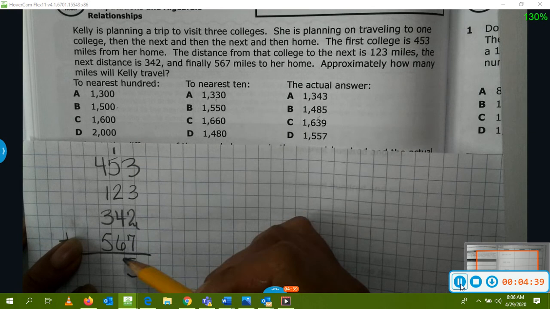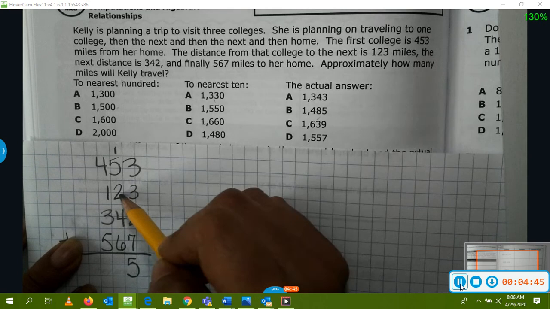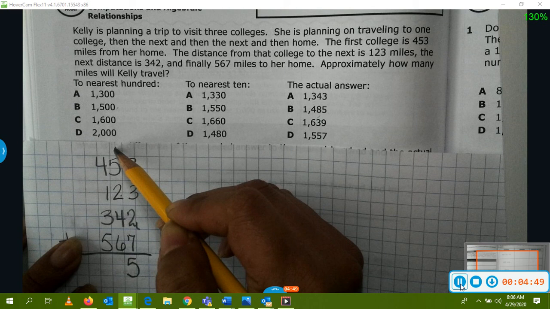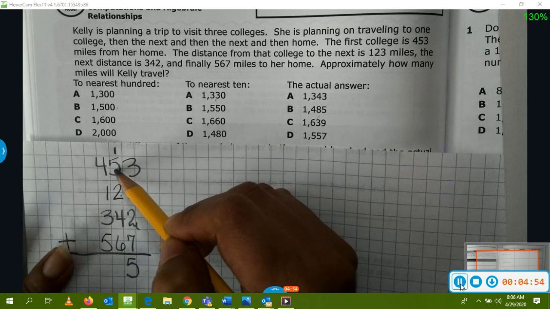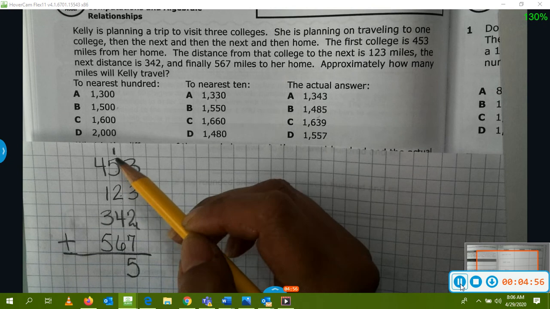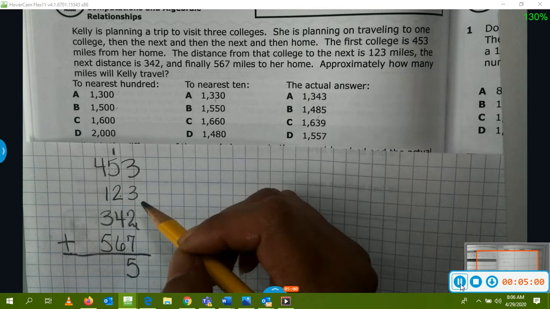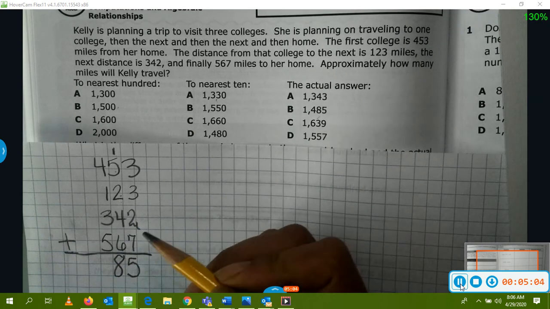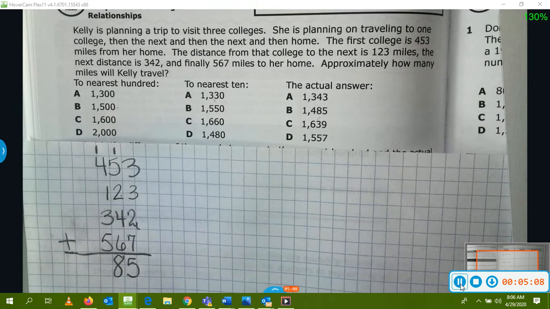Okay, here we go. 6 and 4 is 10. 10 plus 2 is 12. 12 plus 1 is 13. 13 plus 5, 18. So you'll write down your 8. And you will carry your 1 to your next place value.